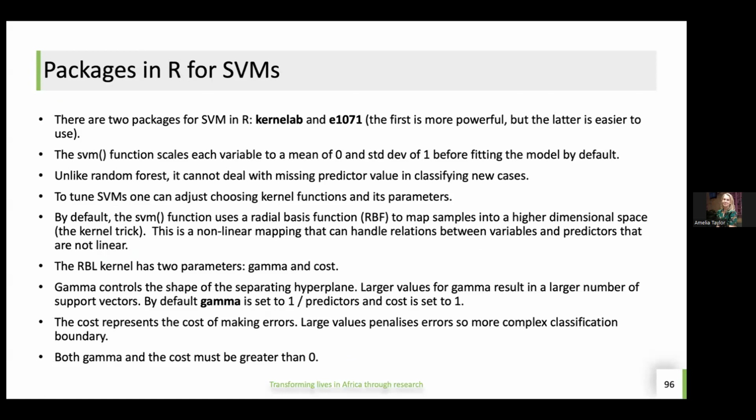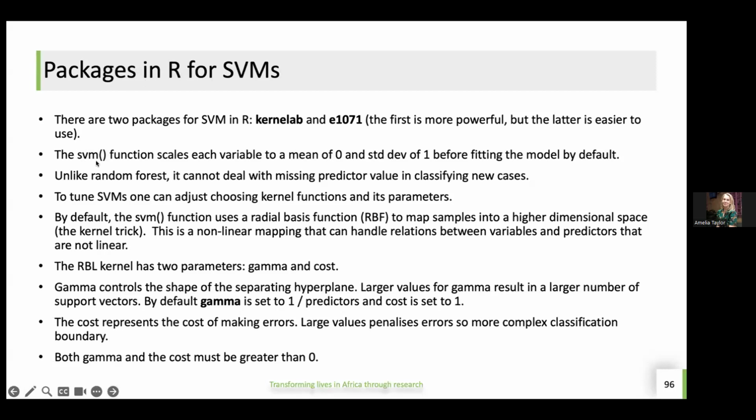We used the second one, and the reason was that it's easier to use than the KernLab library, but KernLab is more powerful. And inside that package, we use the support vector machine function.